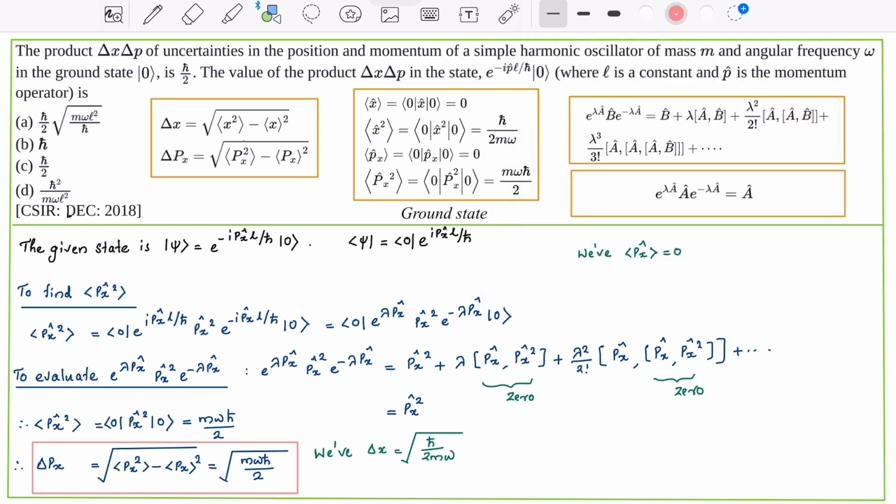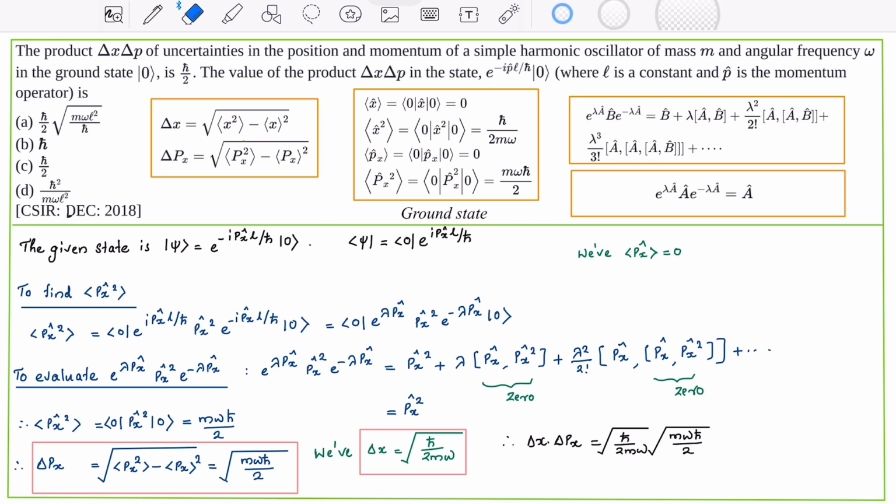Therefore, delta x delta px is equal to root of m omega h bar by 2 into root of h cross by 2 m omega. That is, delta x delta px is h bar by 2. Therefore, option C is the correct option.